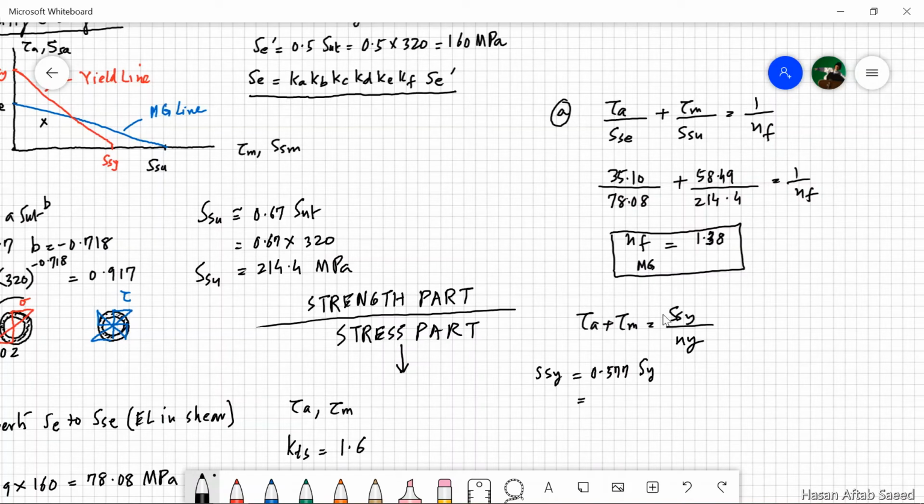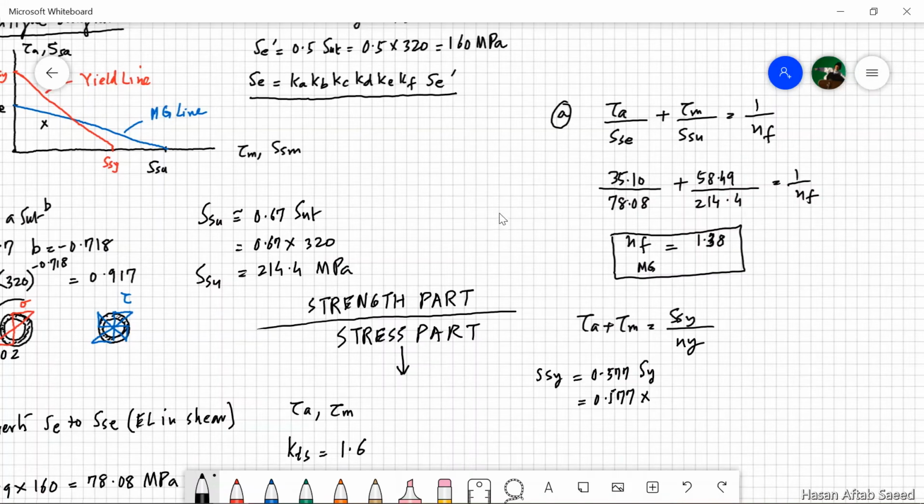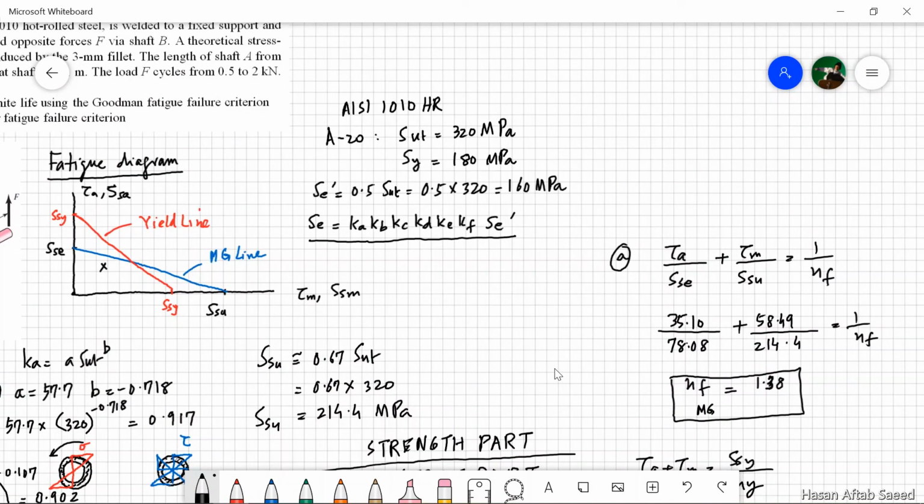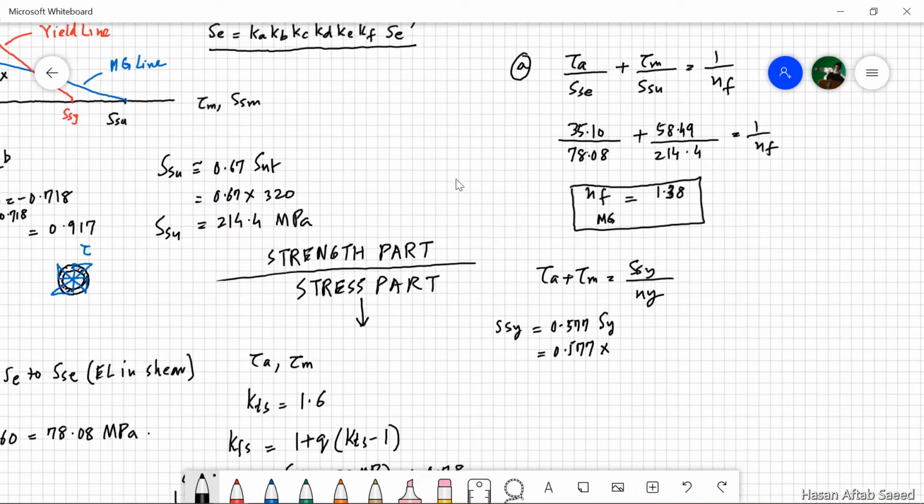Now just putting in the values, 0.577 times SY. SY was 180 for this material. Times 180, this is 103.86 MPa. Tau A and tau M values are already known.